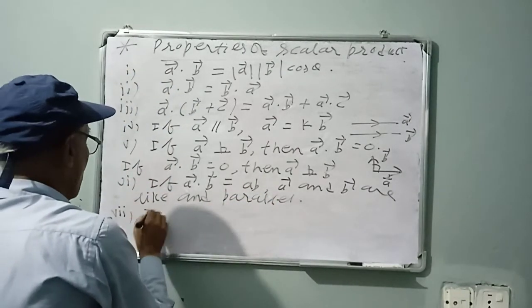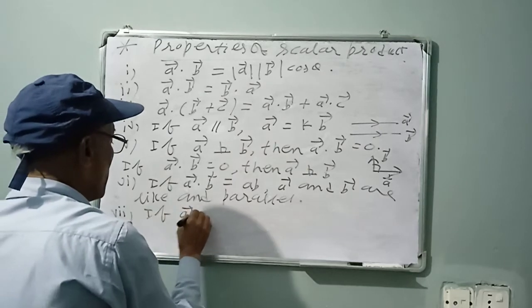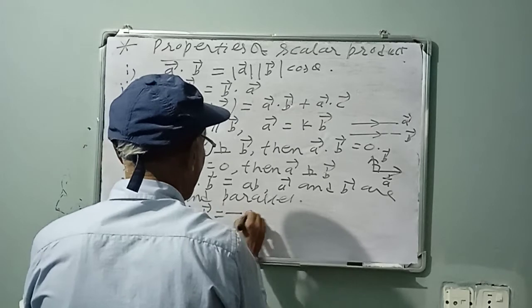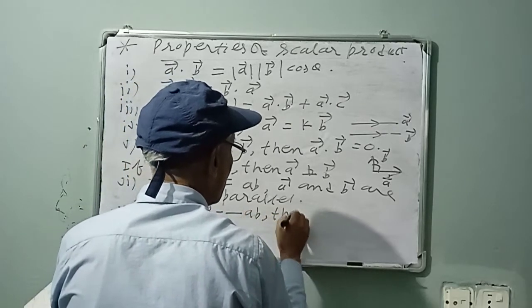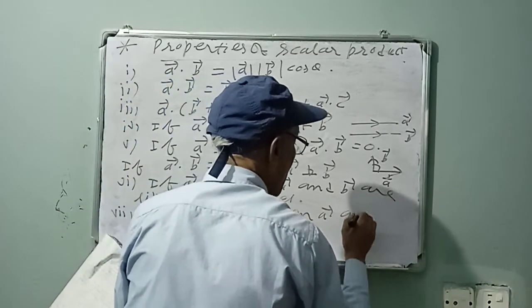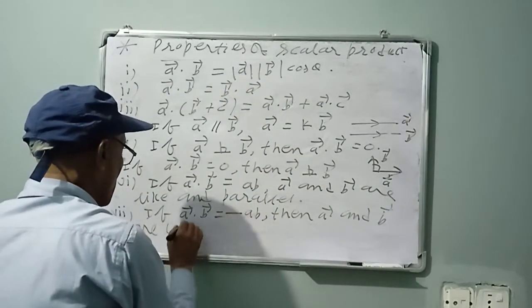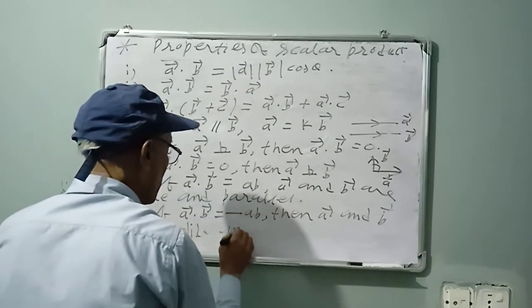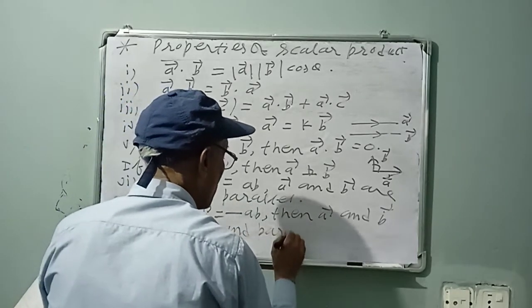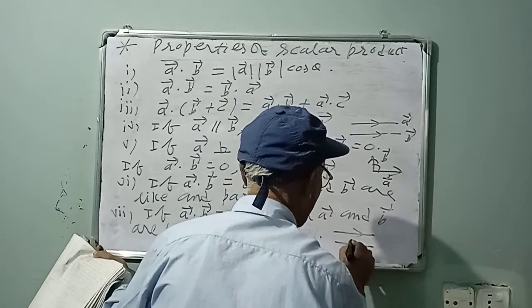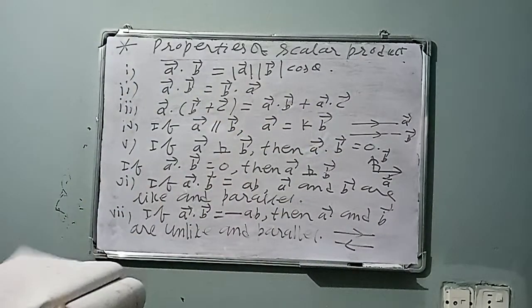Another, if A dot B equals minus AB, then vector A and vector B are unlike and parallel. Parallel but unlike, opposite directions.